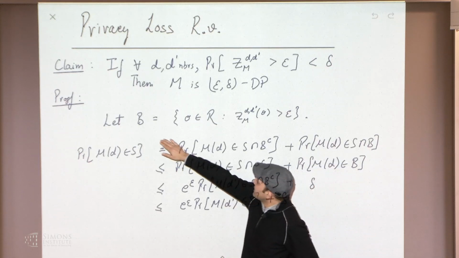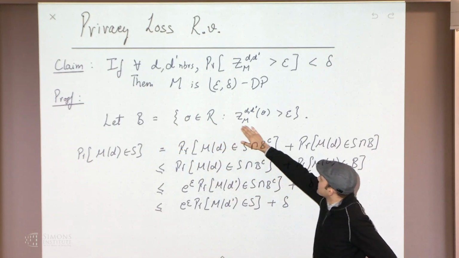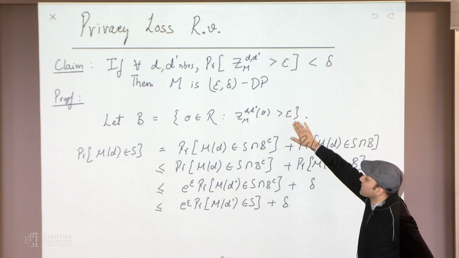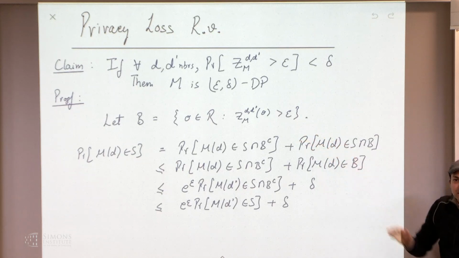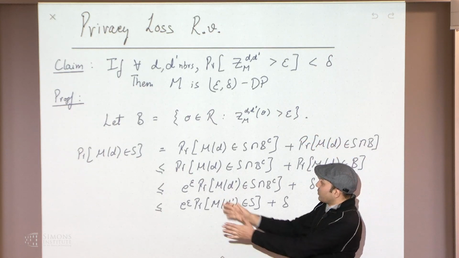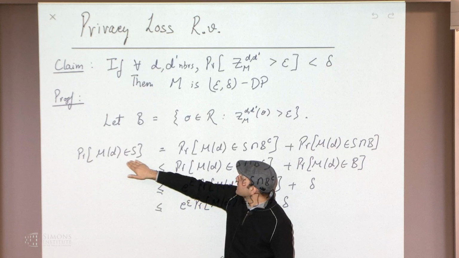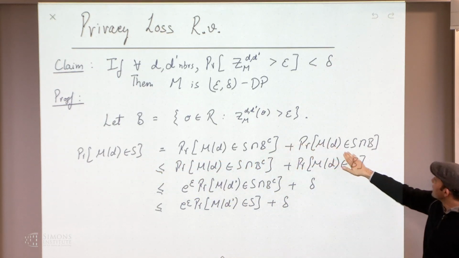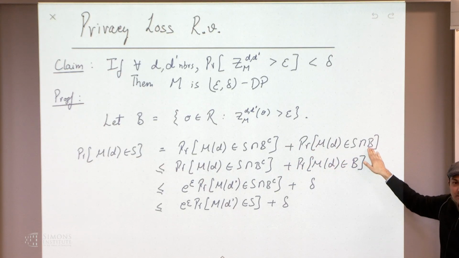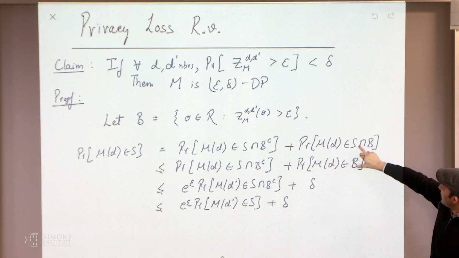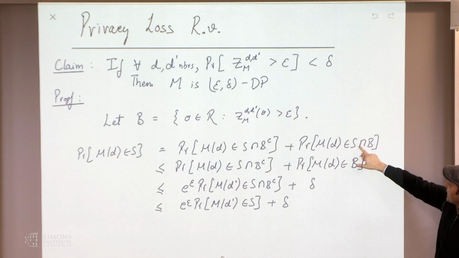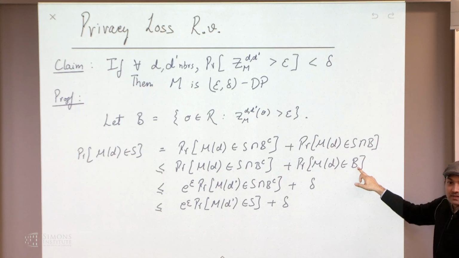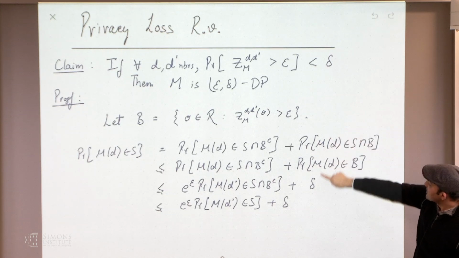Good. So let's call B the set of all outcomes where this random variable is larger than epsilon. Now we'll write that the probability that M(D) is in S can be broken up into the contribution coming from B complement and the contribution coming from B. The second part we will just upper bound by the total probability mass of B, which by assumption is at most delta.